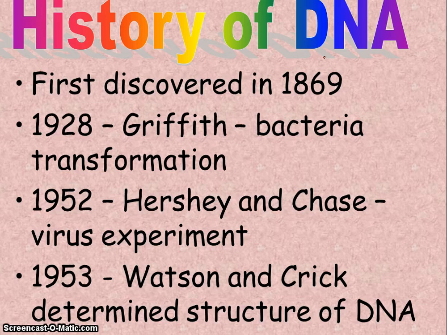Then, in 1953, Watson and Crick determined the structure of DNA. Now, there were a lot of important people that played a part in determining the structure of DNA, and they were from England, from the United States, and so forth. A man named Donohue helped Watson and Crick figure out that the nucleotides were inside, just like Rosalind Franklin did.